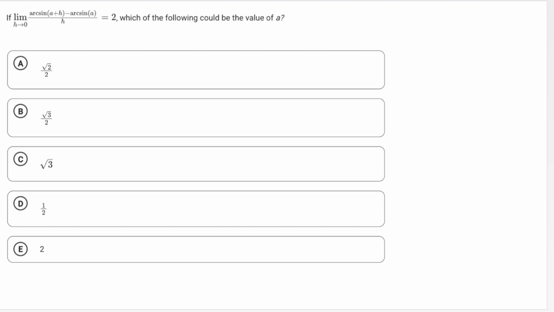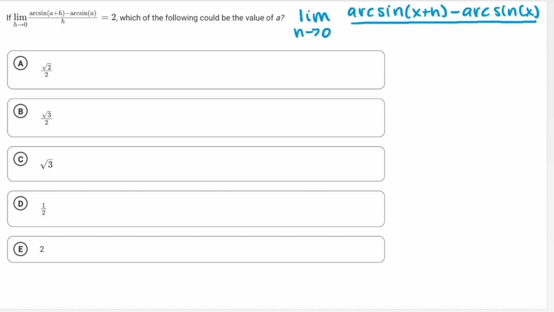So let's talk about what this really means. So the normal limit definition of a derivative for this particular function would be the limit as h approaches 0 of arc sine of x plus h minus arc sine of x all over h.